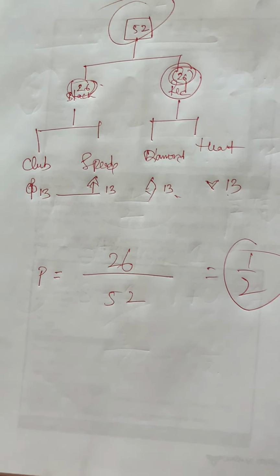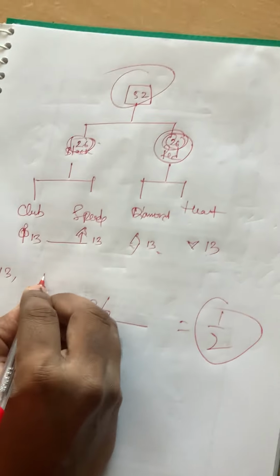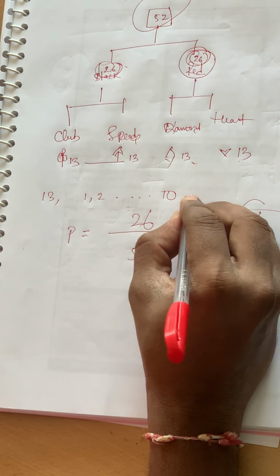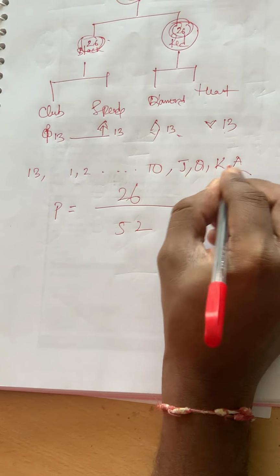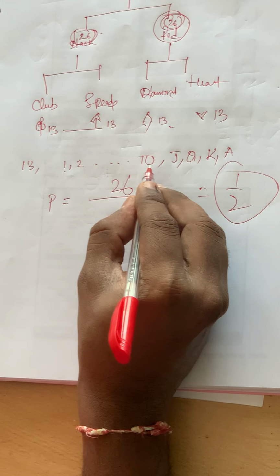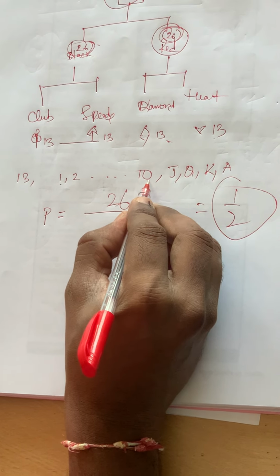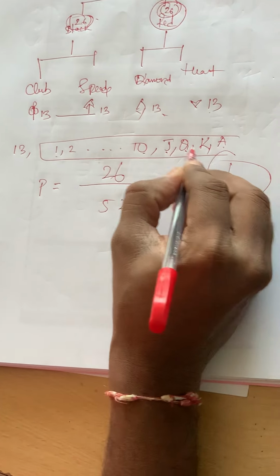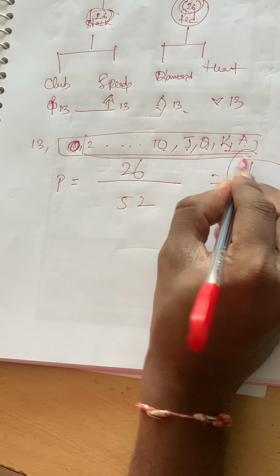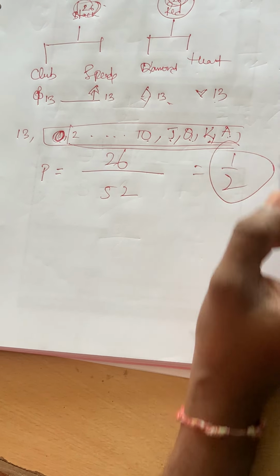For example, in a standard pack of cards, getting an ace is my success, only ace. In 13 cards, the values are 2 to 10 and jack, queen, king and ace. Sorry, it is 2 to 10 and jack, queen, king and ace, so the total number of cards is 13. Getting an ace is my success.